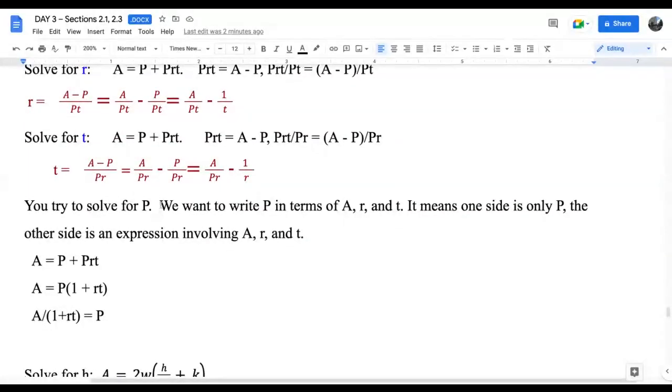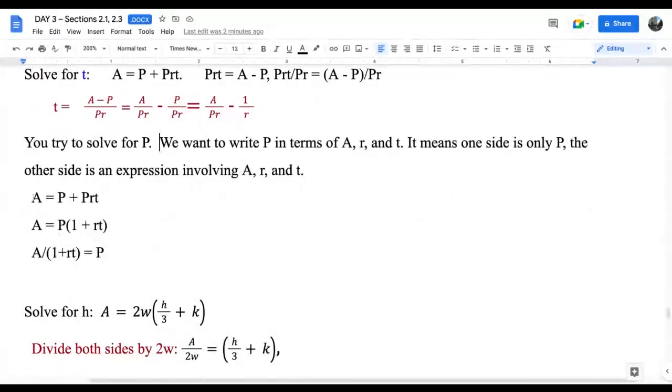Let's all try together to solve for P. So A equals P plus PRT. We have two terms that have P, so P is a common factor. Let's factor out P. The first term is left with 1, because 1 times P is P. The second term is R times T, because P is already out.